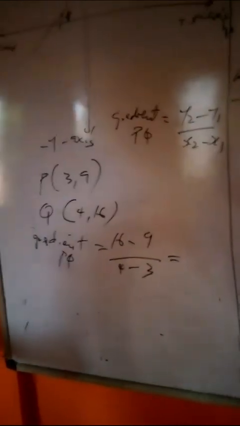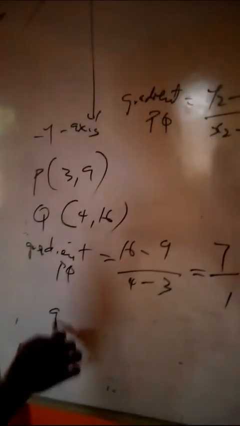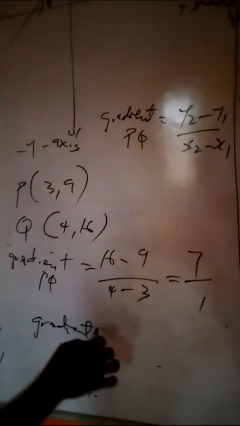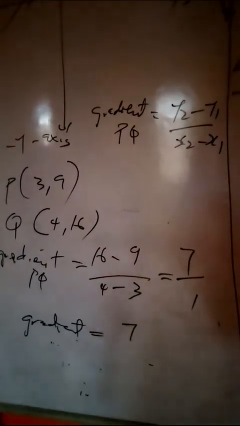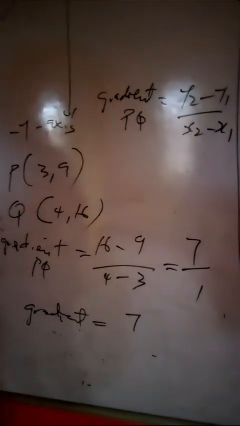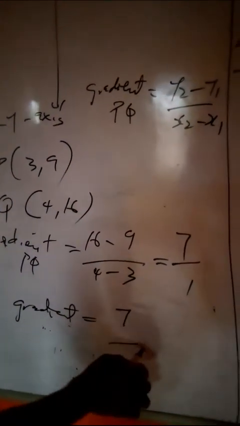So therefore, if we subtract our values, 16 minus 9 is likely to give us what? 7. All over what? 1. So what we will have in there is gradient is equal to 7. So the differentiation is equal to what? 7.